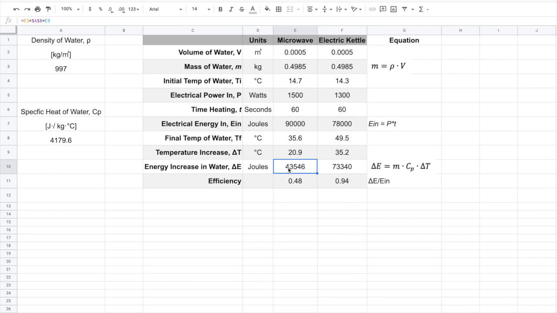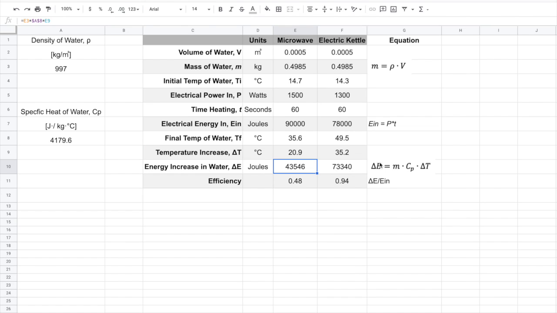The energy increase in terms of how much energy went into the water requires a calculation using what's called the specific heat of water. So basically, it's trying to understand how much energy went into the water based on the difference in temperature that was observed.